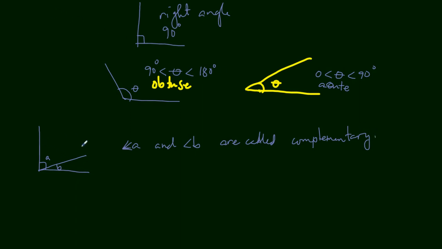It doesn't matter if I divide this 90 degrees into 2 or more angles, all the angles are called complementary.